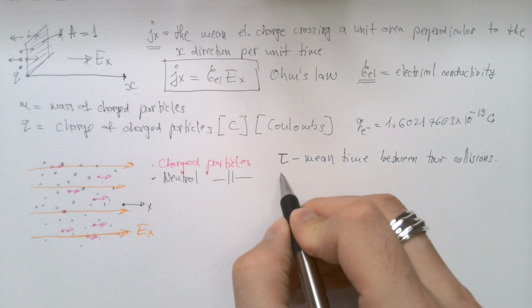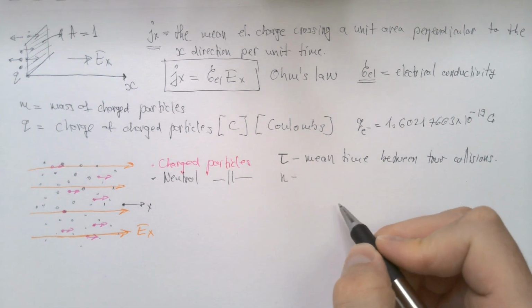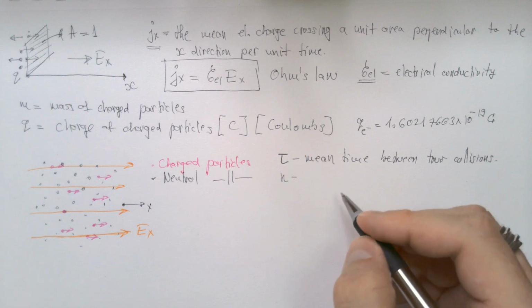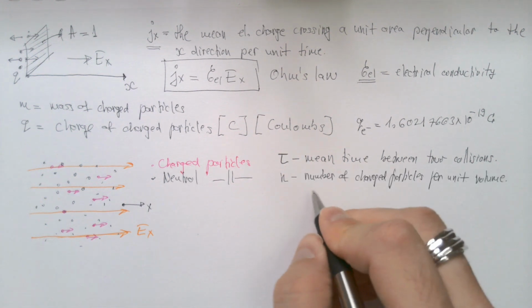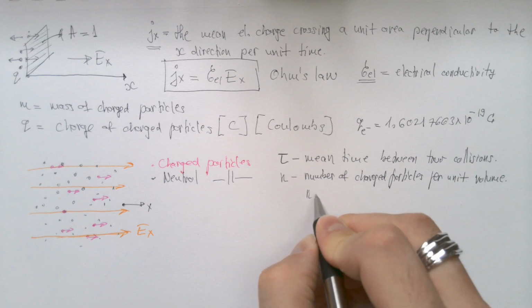Let us further define small n to be the number of charged particles per unit volume. As always, I have written it probably a million times. How do you get n?